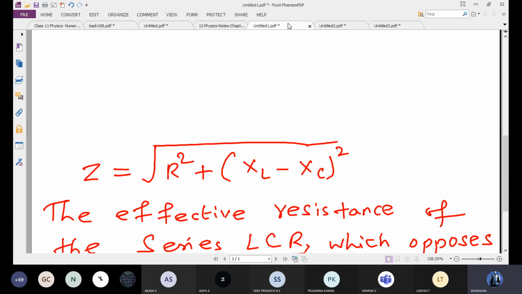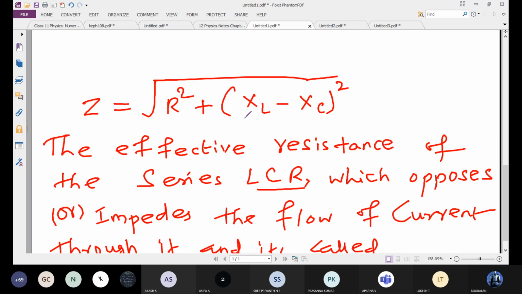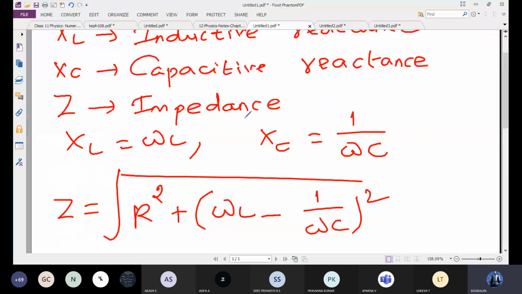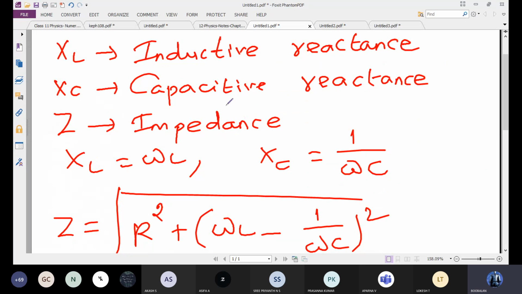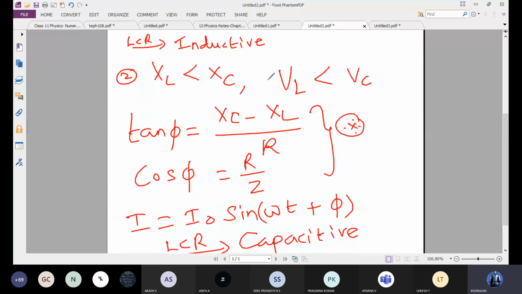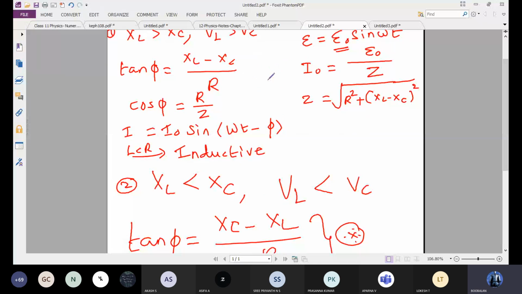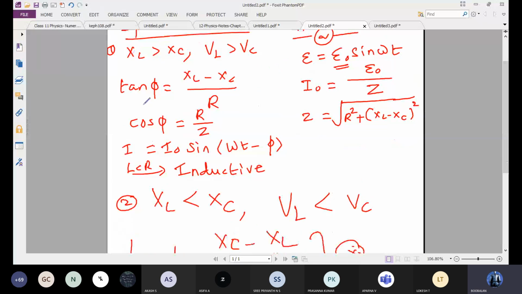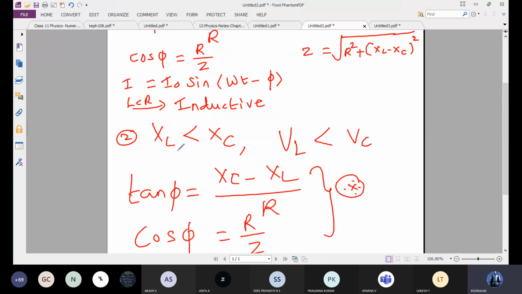Again I am applying the special conditions. Condition 1, XL is greater. Condition 2, XC is greater.